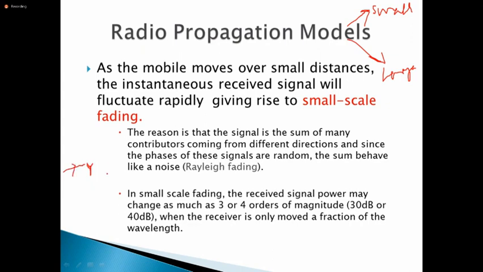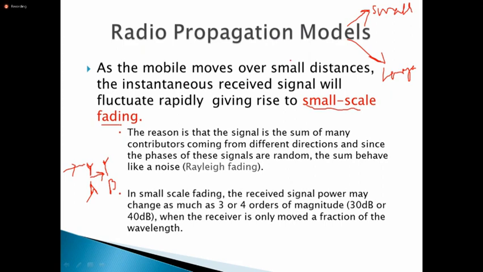When the receiver moves a very small distance, whatever signal power is received at point A will change at point B. At point A the receiver has a certain signal strength, but when it goes to point B it fluctuates a lot, right? That is called small scale fading.